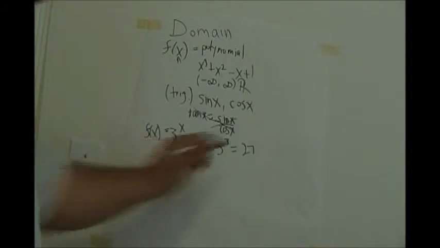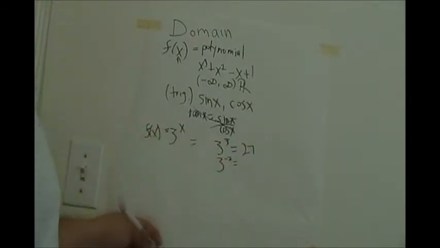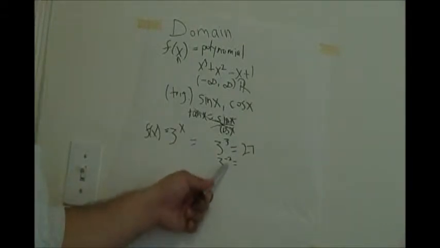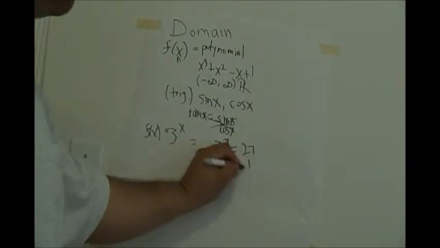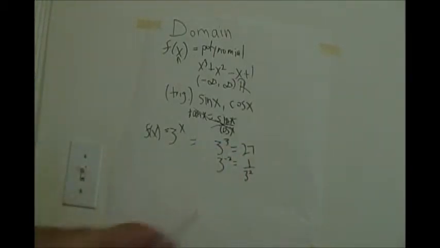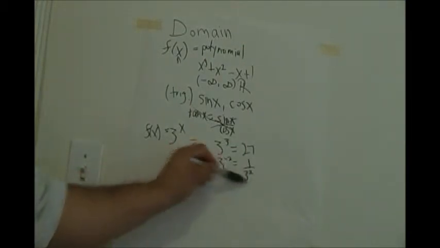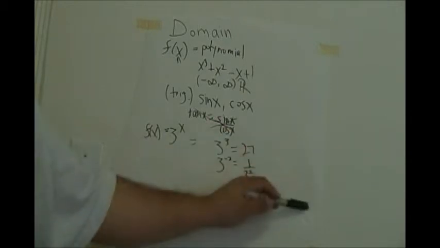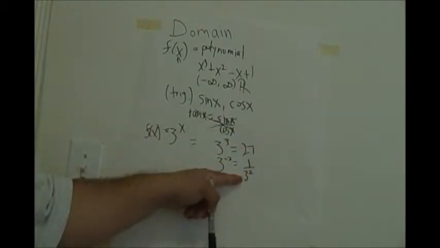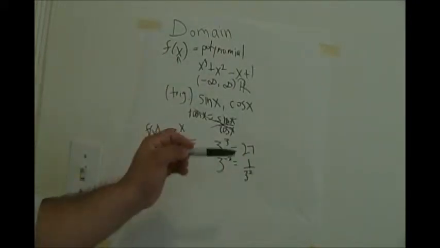Now let's see what happens if you plug in negative numbers. Say negative 2. We know from properties of exponents that anytime you have a negative power, you convert that to 1 over 3 squared, right? So what happens as you go to negative infinity? The denominator gets bigger and bigger, and the numerator stays the same, which means the number is getting smaller and smaller, eventually going to 0.